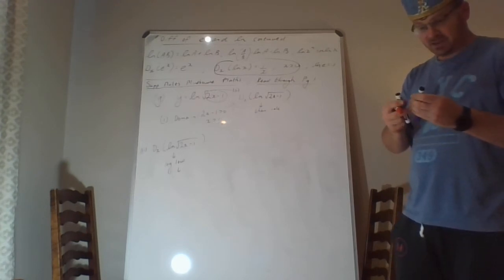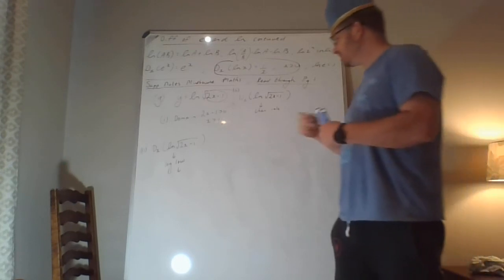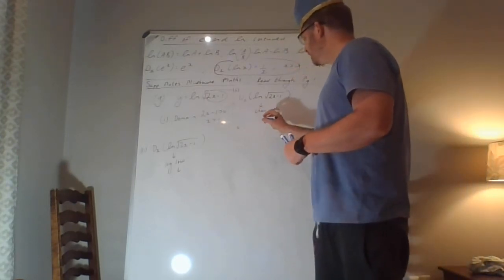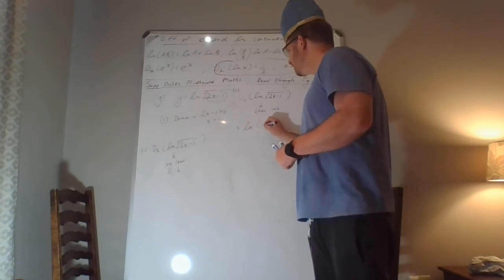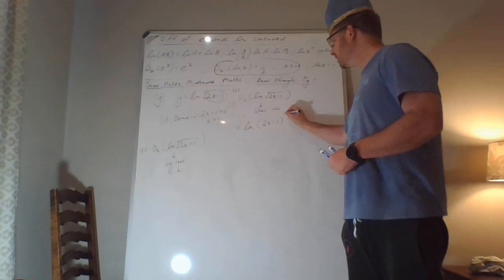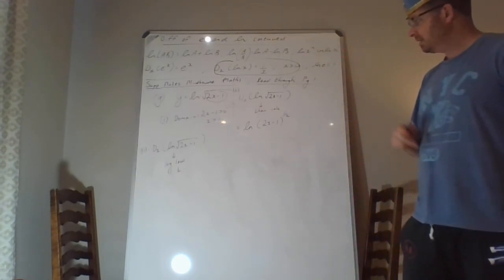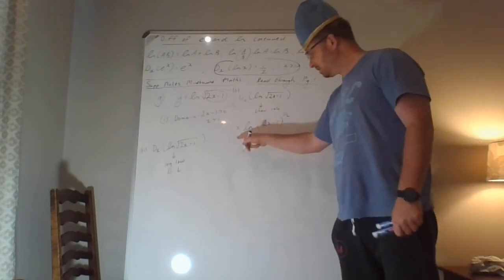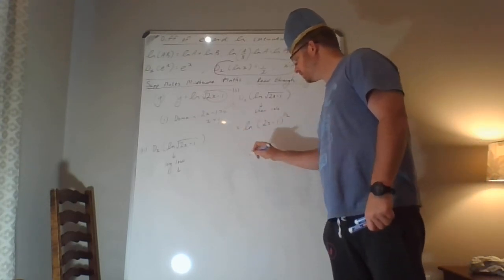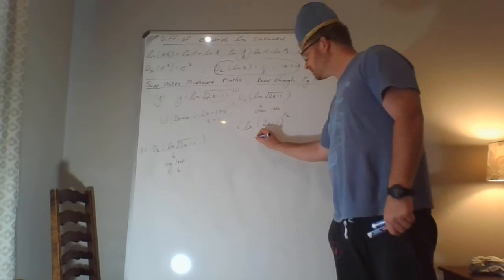And you'll be pleased to know that Frankie got it correct, and this is how she did it. She said, well, I'm going to use the chain rule. Let's start off and write the square root as the power of a half. Okay. We're not going to use a log law here, we're just going to start off with the chain rule. So the derivative of ln of a function is 1 over that function.